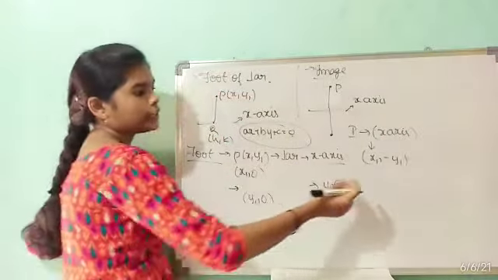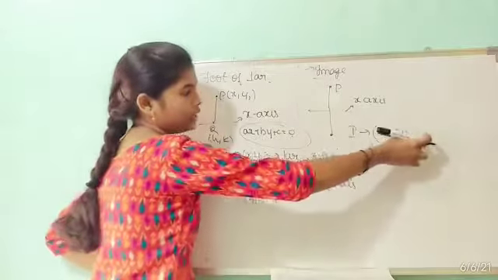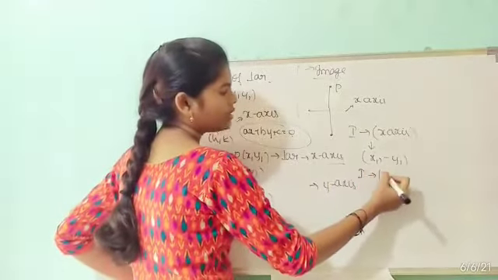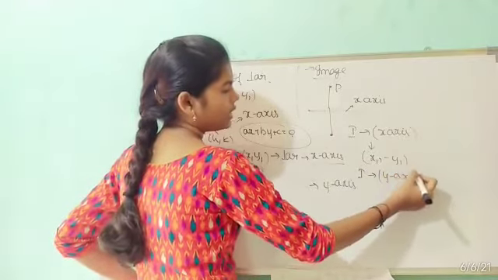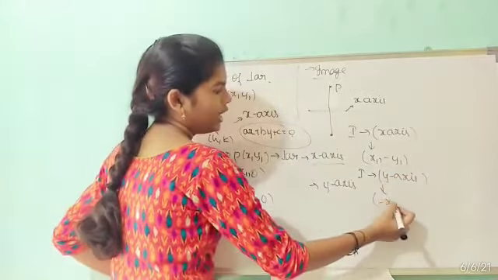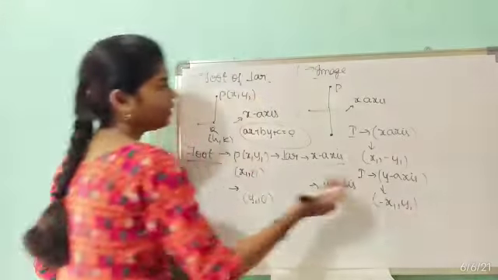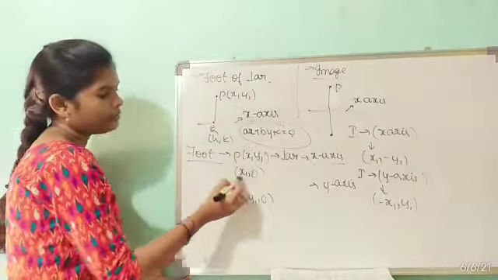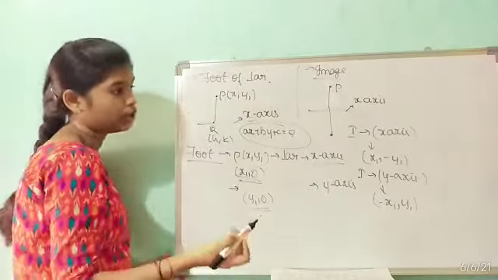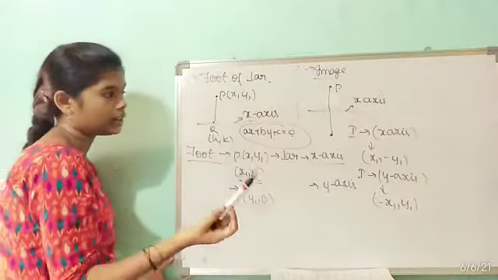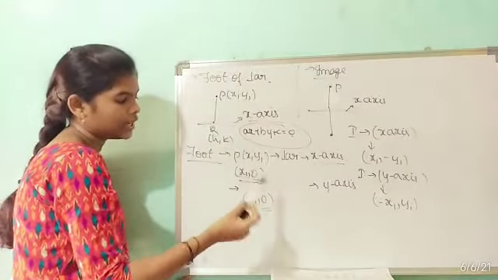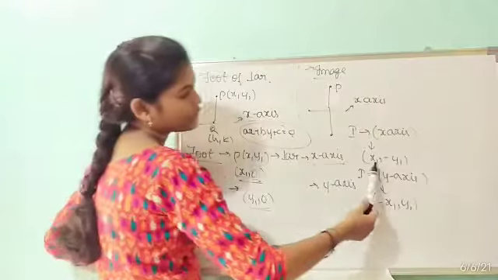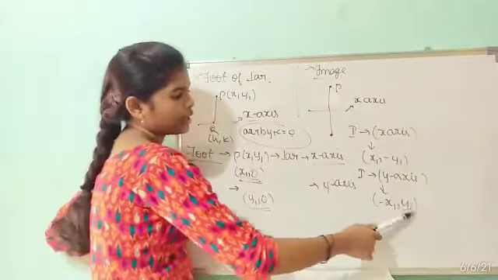Simply alter the sign of the y coordinate for the x-axis, and for the y-axis change the sign of the x coordinate. The foot is simply (x1, 0) and (0, y1), because the point is already on the axis. The images are (x1, minus y1) and (minus x1, y1).